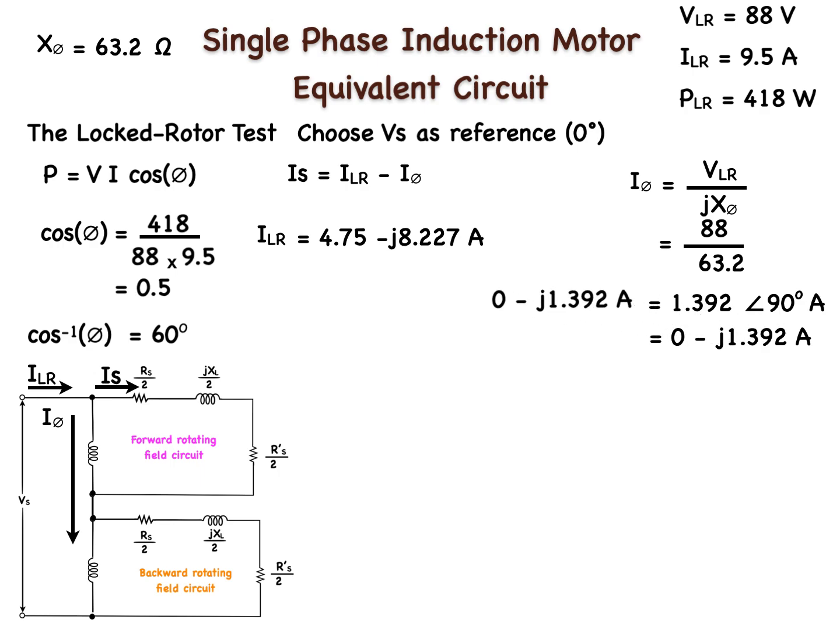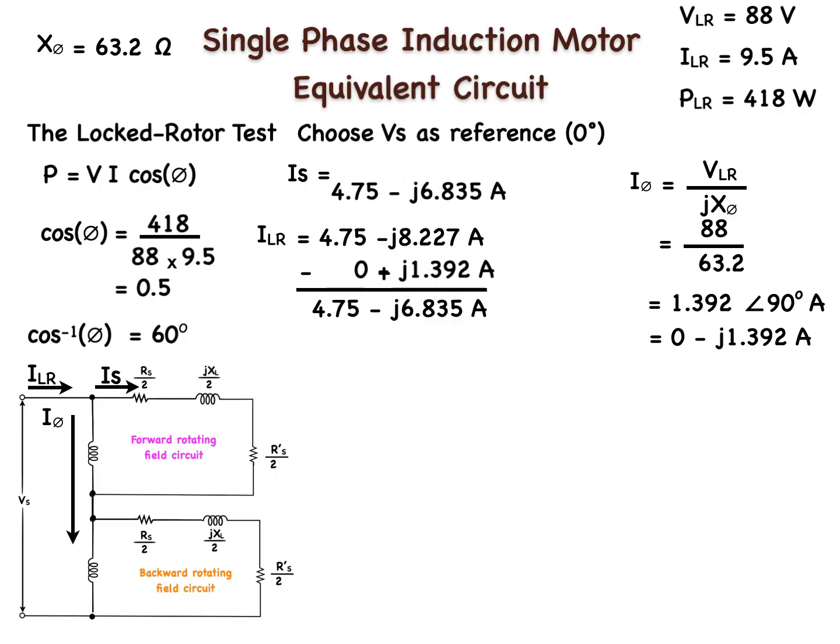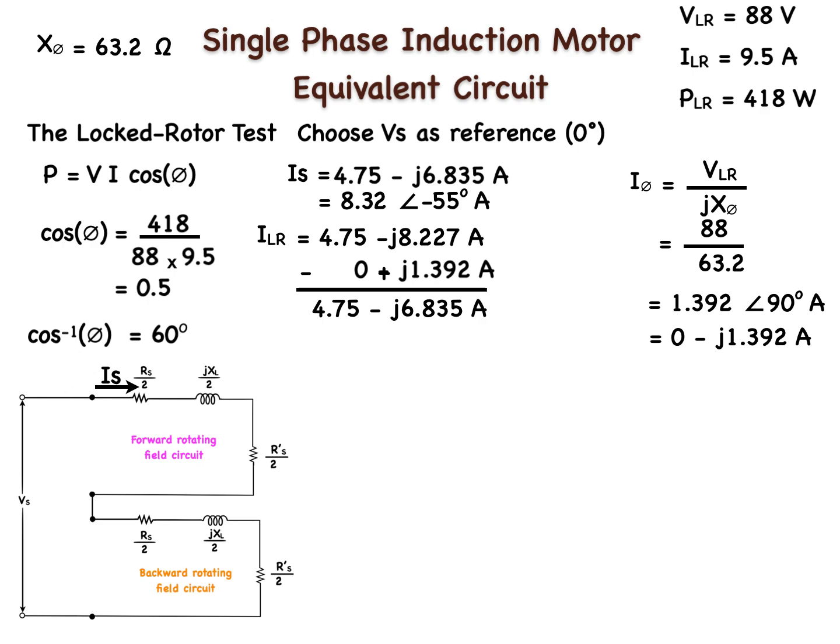We can move that current calculation over to the left and subtract it from the locked rotor current. The result gives us the stator current IS of 4.75 minus j6.835 amps. Once we know the stator current, we can forget about the magnetizing current and just treat the rest of the circuit like the analysis of a series circuit with a current of IS.